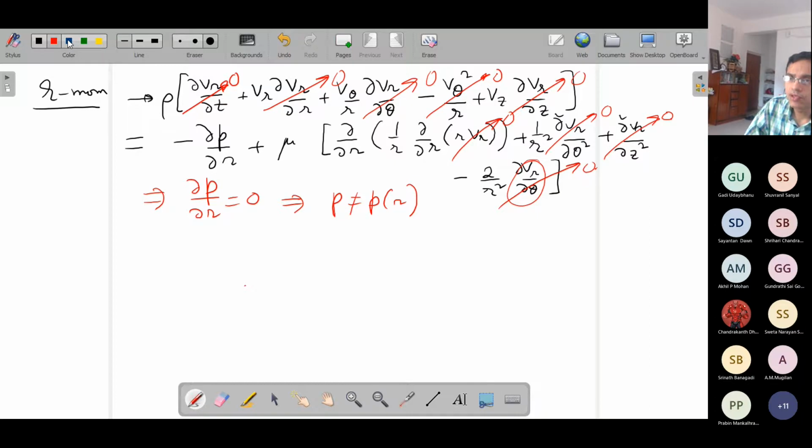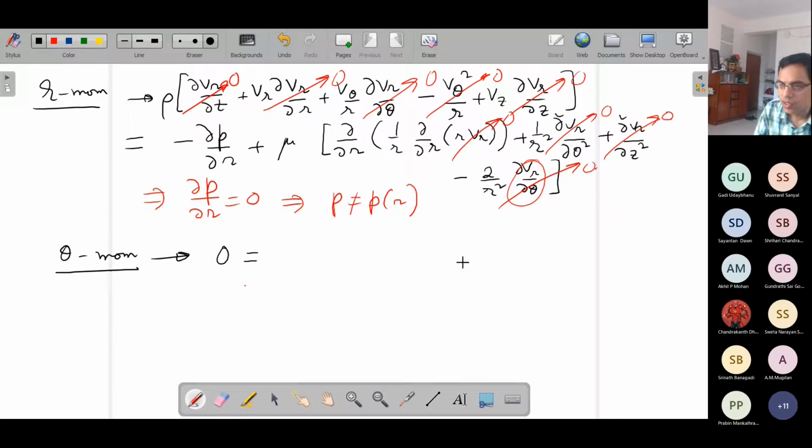Similarly, theta momentum. You can well realize that it's the Z momentum that is physically important because the fluid is flowing along the Z direction. So theta momentum, in a very similar way, all the V theta terms, I'm not writing it in an expanded form because it will unnecessarily waste time.